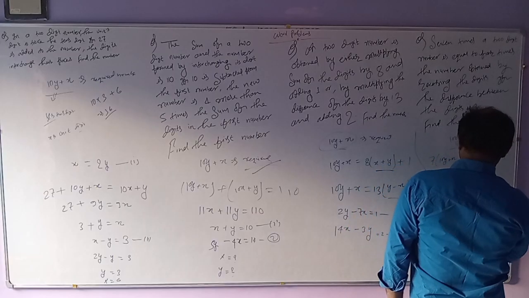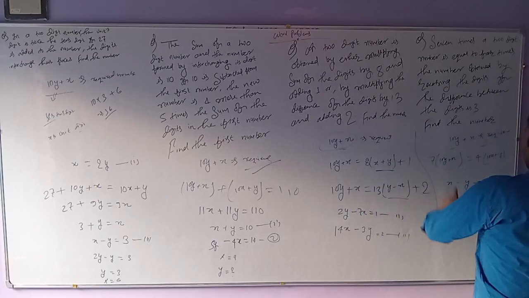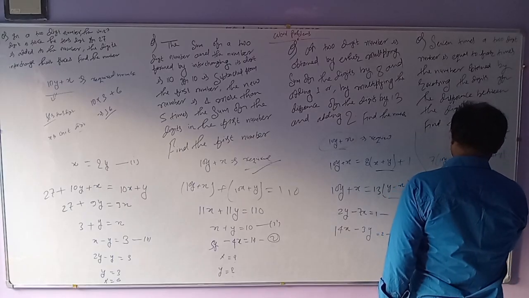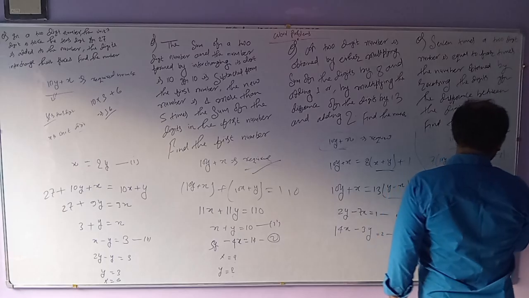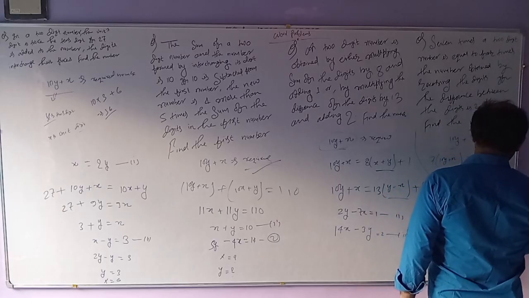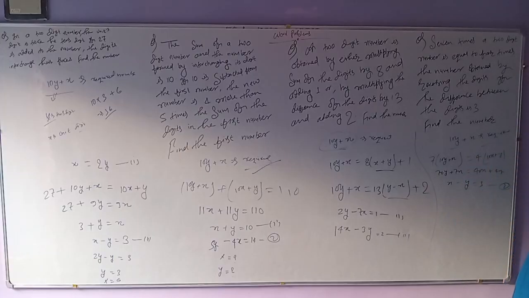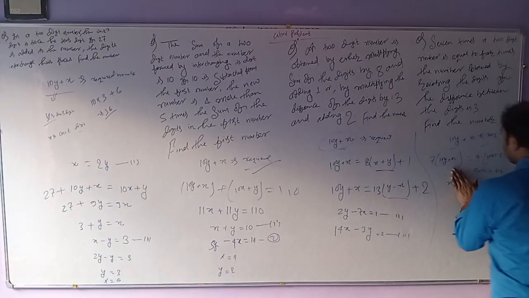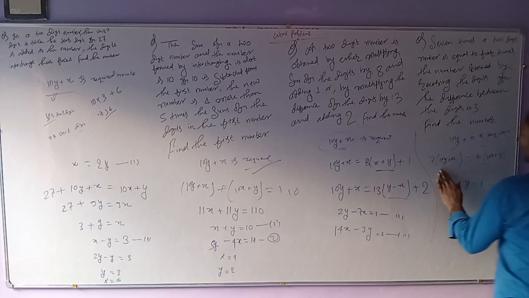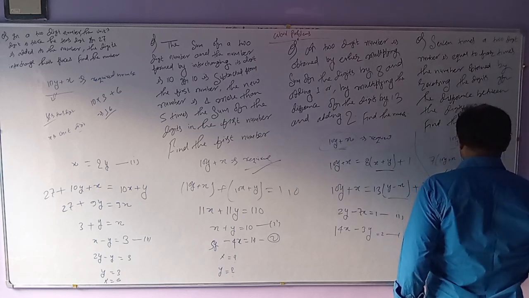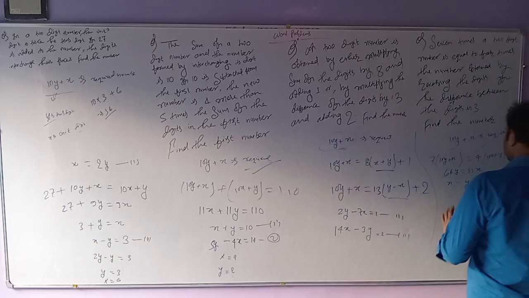From the second and first equations, 70y plus 7x is equal to 40x plus 4y. So 66y is equal to 33x. We get x is equal to 2y.